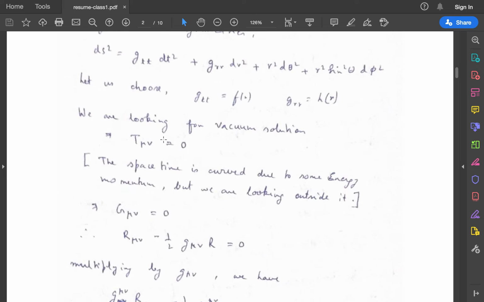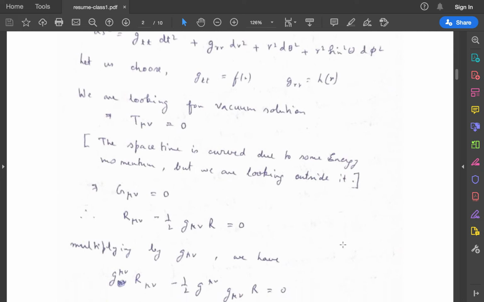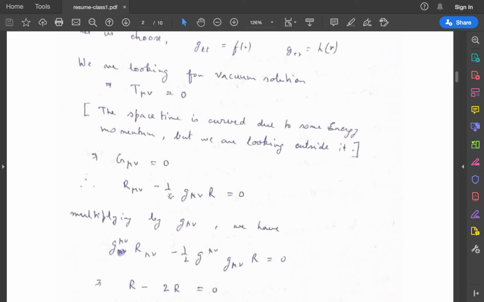If we choose T_mu nu to be 0 in the Einstein equation, the left hand side will also be 0. That means G_mu nu equals 0. If I write G_mu nu, that means R_mu nu minus half g_mu nu R is also equal to 0.